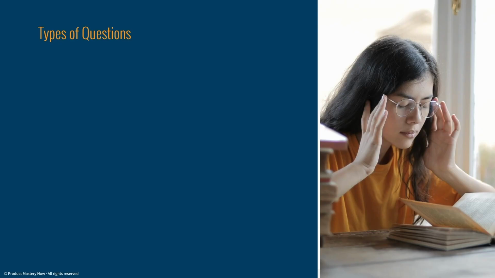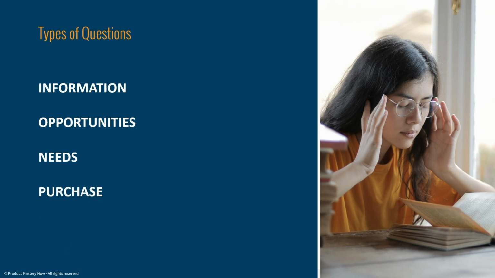And VOC can help us answer many questions, such as what information are we looking for in product decision making? What opportunities are out there already, now and in the future, things that we can tackle? What do customers want or need? Those articulated versus our unarticulated needs. What drives customers to purchase or repurchase a product?